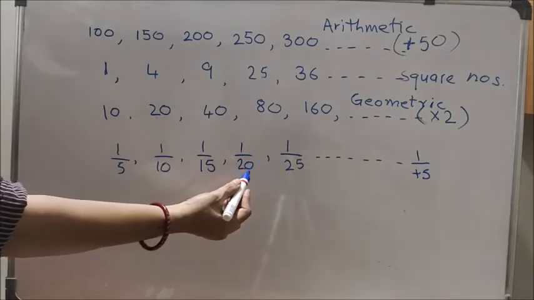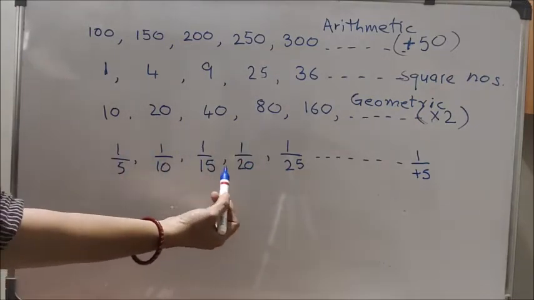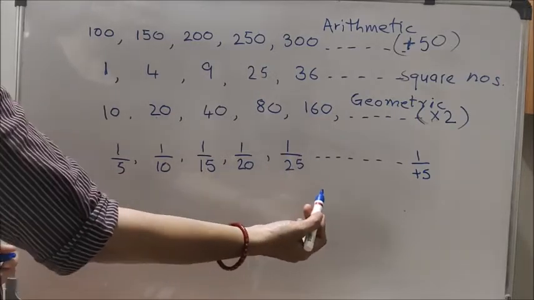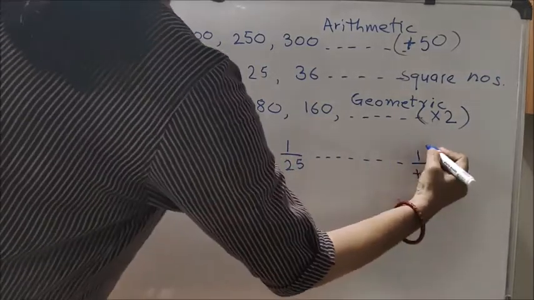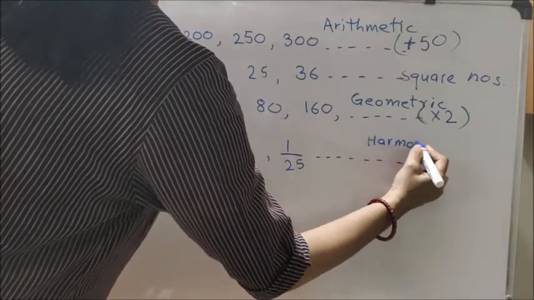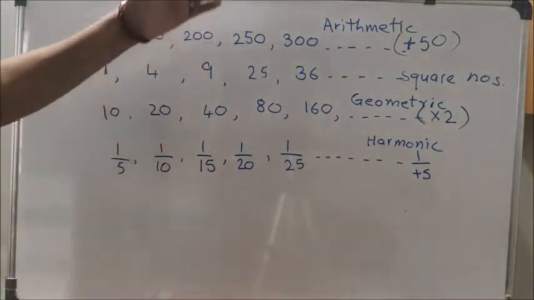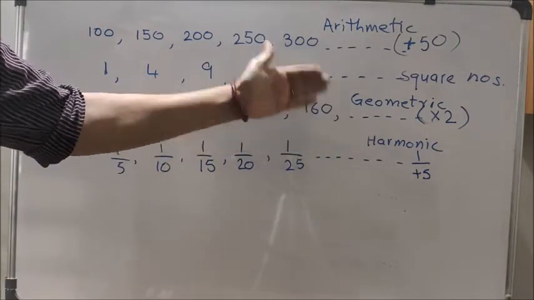Then here, when the numerator remains the same and the denominator is in arithmetic progression, such a sequence is called harmonic progression.